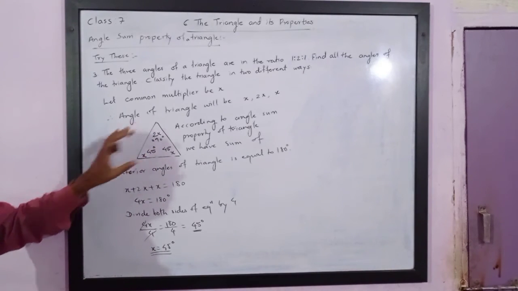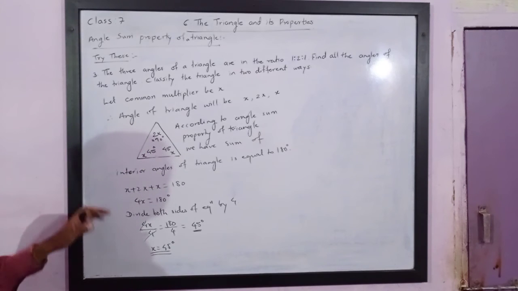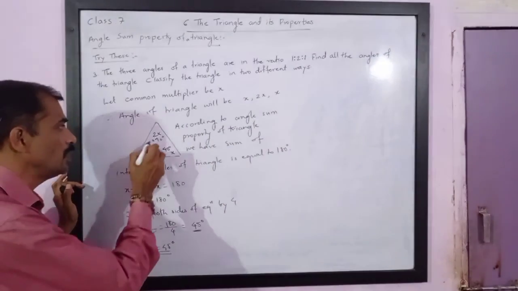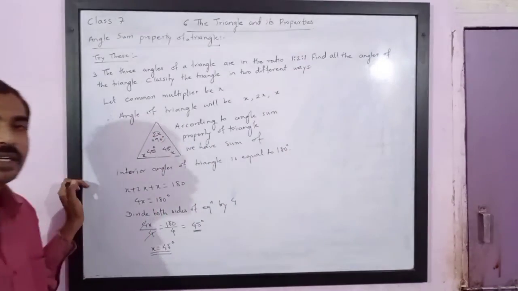Now if you try to draw a 45 and 90 degree triangle, we have to classify the triangle in two different ways. Please note, one of the angles is 90 degrees.